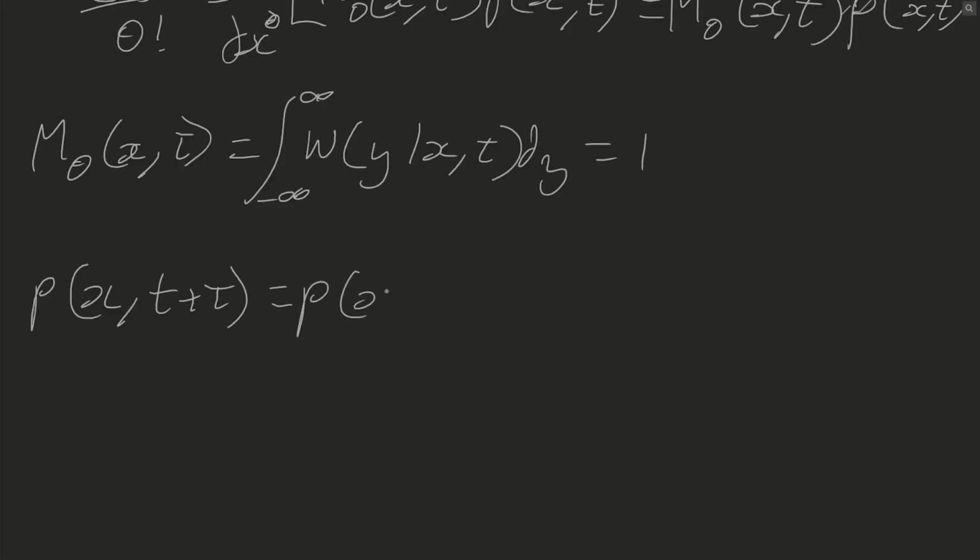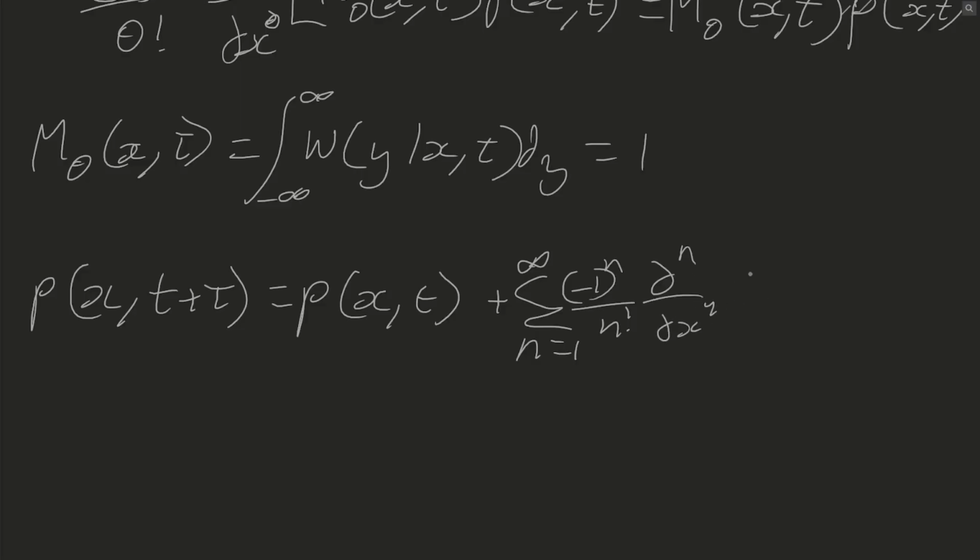It is equal to p of x, t plus the sum from n equals 1 to infinity of minus 1 to the n over n factorial, the nth derivative of m sub n of x, comma tau, p of x, t. So now we have, I wouldn't call it a recurrence relation, but we have a relation between the future with some time step tau, and the current step of our process p.